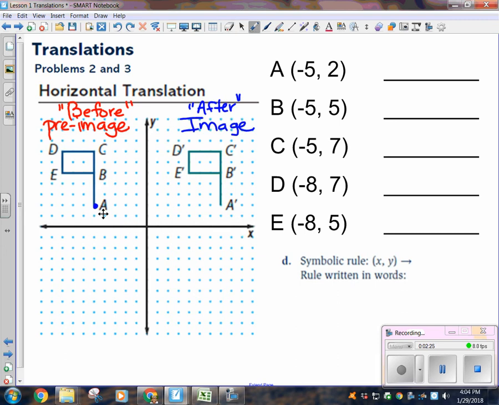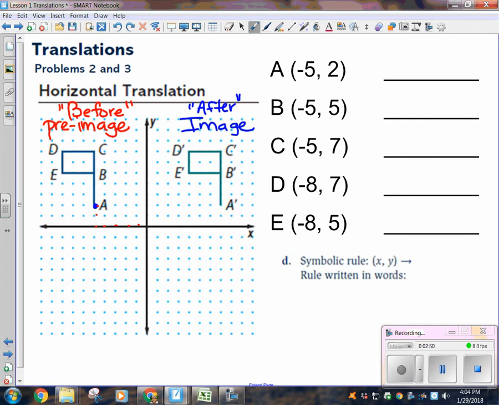Now, to plot points, you always start in the center, and you're going to walk. It's like walking across the room. So you're going to walk either to the left or to the right, then you're going to go up, or you're going to go down. Okay? So plotting points is left and right first, up and down second. So I'm going to go -5, up 2, and that's where I get to A.